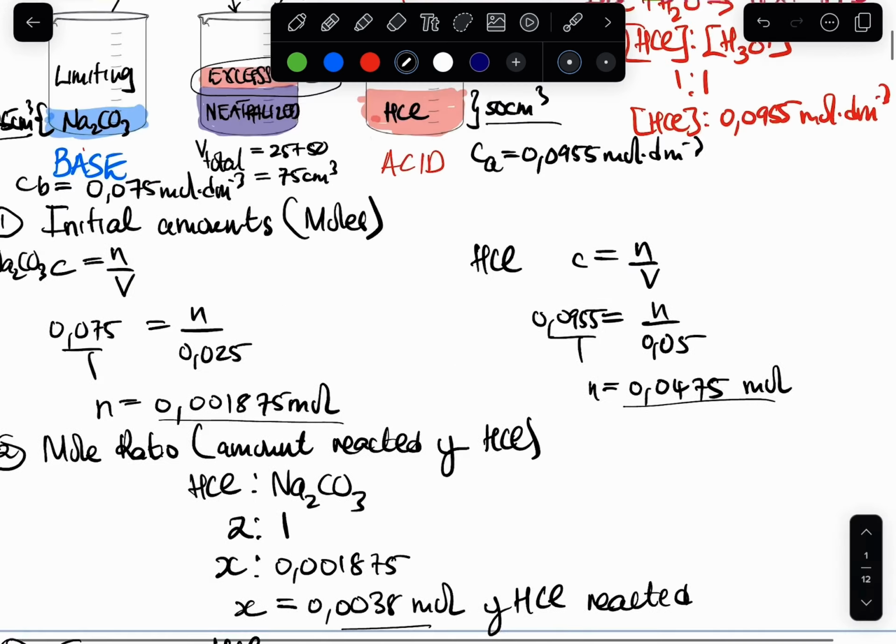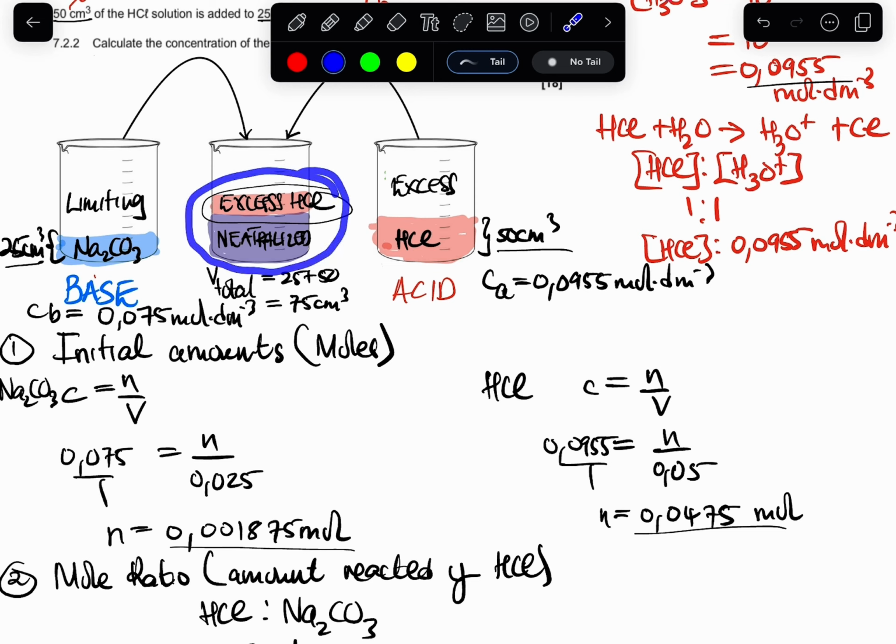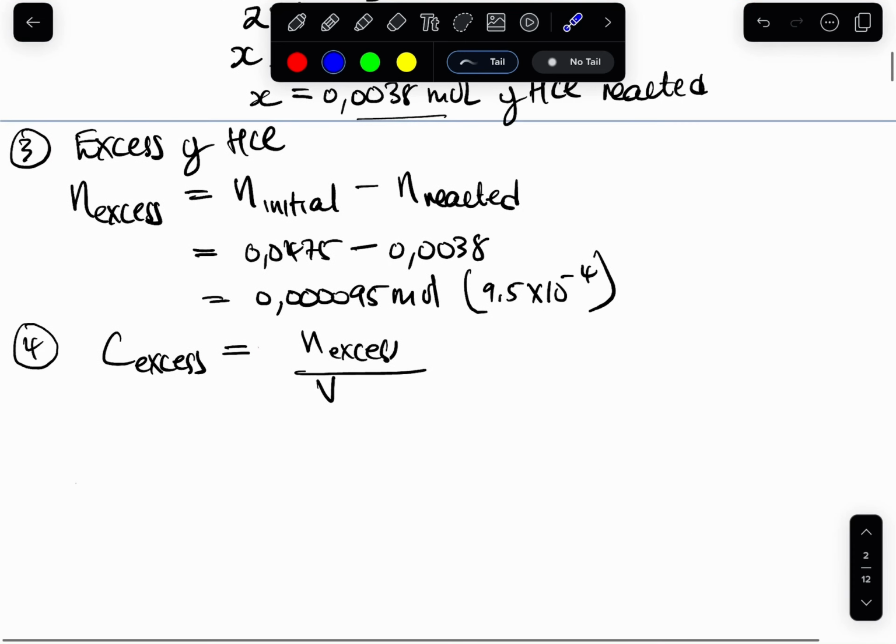Remember, I told you initially, this excess is in this volume, which is 75. When you add 50 and 25, it gives you 75. So this is the total volume. When you want the concentration of this excess, you must use the total volume.